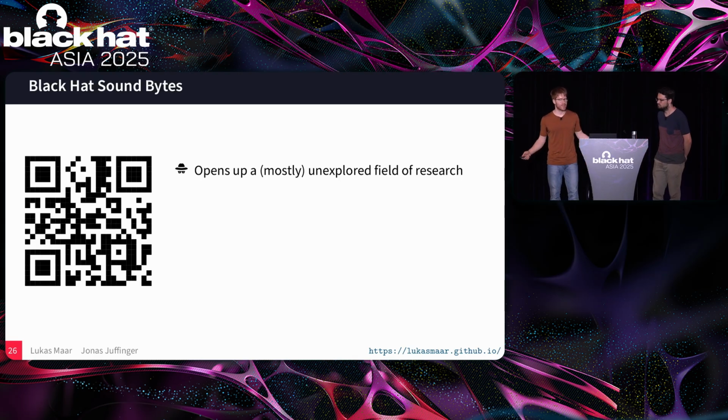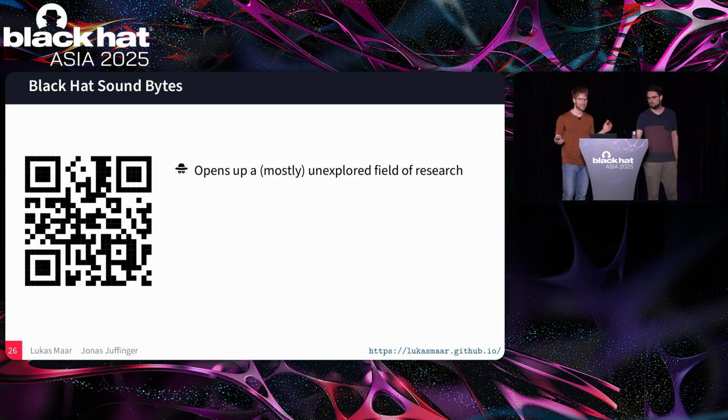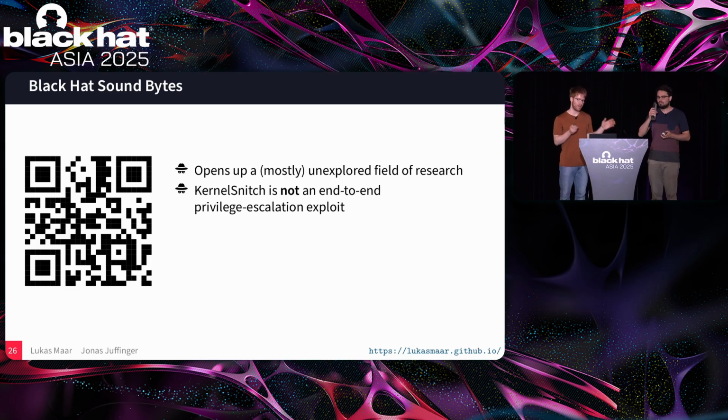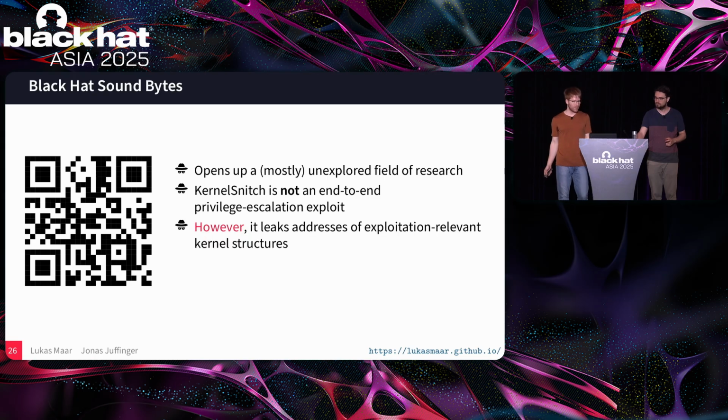The takeaways of this talk: with KernelSnitch, we open up a mostly unexplored field of research, side channel attacks exploiting the side channel leakage of the operating system. Crucially, KernelSnitch is not an end-to-end privilege escalation exploit, so it does not allow you to obtain root.